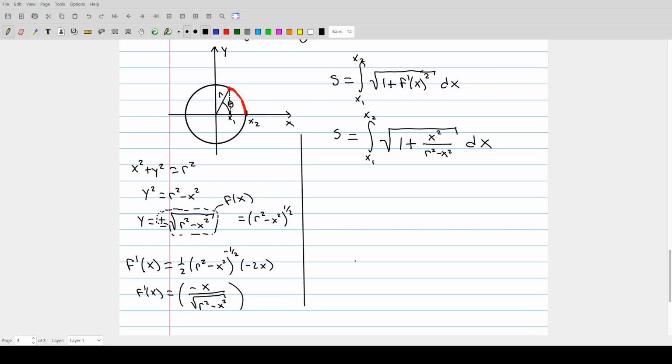If I bring this to a common denominator by expressing 1 as r squared minus x squared over r squared minus x squared, this integral is just the integral from x1 to x2 of the square root of r squared minus x squared plus x squared over r squared minus x squared.